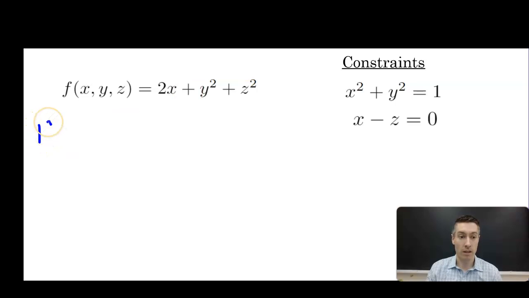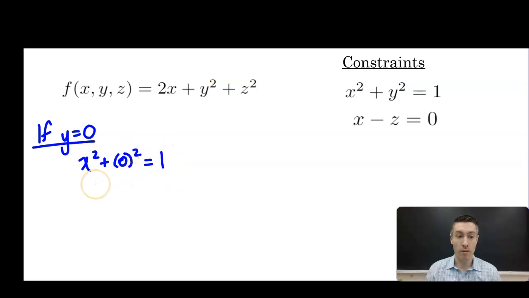Okay, so let's start with the y equals 0 case. So if y equals 0, then y has to be 0 in both constraint curves. Y is only in the first curve, so that means that x squared plus 0 squared equals 1. So x squared equals 1, x equals plus or minus 1.